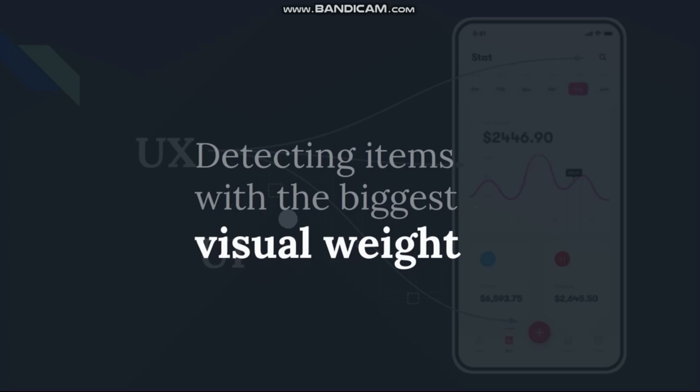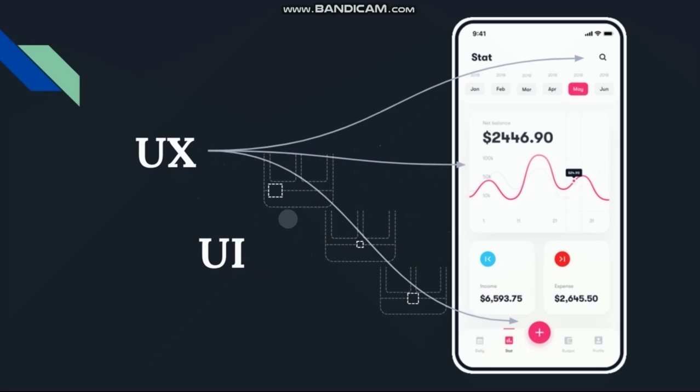You can control it by changing the object's color, size, or placement. So comparing this and this, the visual weight here is greater because the size is larger, and it should be like this because it's an important functionality and the users have to find this button as soon as possible. So that's smart.